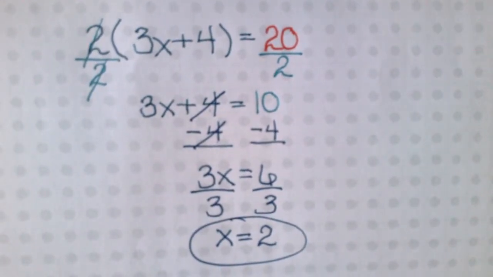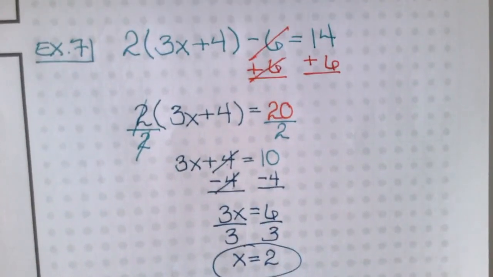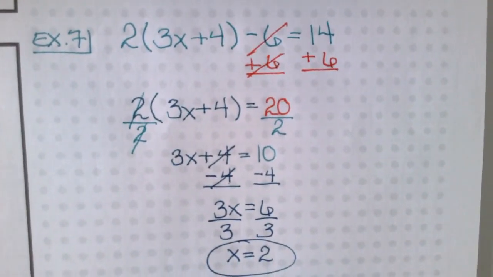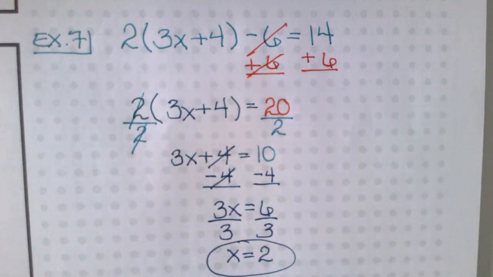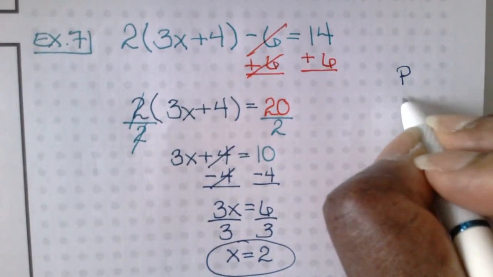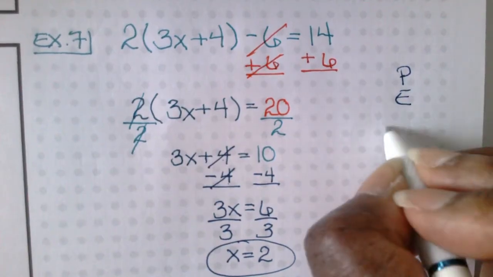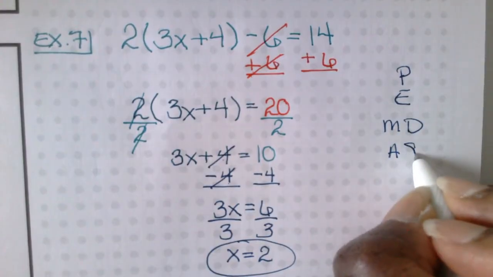So our first thing is we got rid of the 6, so we can isolate our multiplication. It's almost like PEMDAS in reverse. You ever notice that? Sometimes people would say, please excuse my dear Aunt Sally.